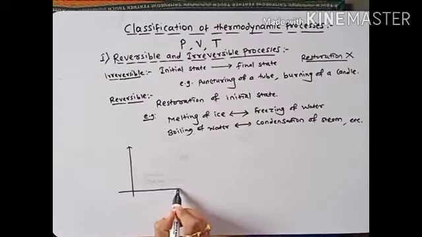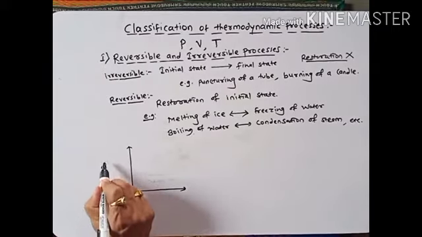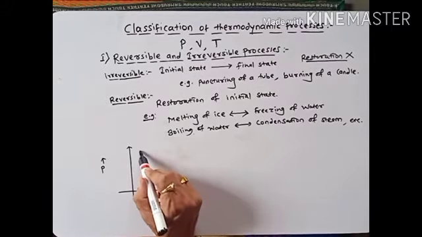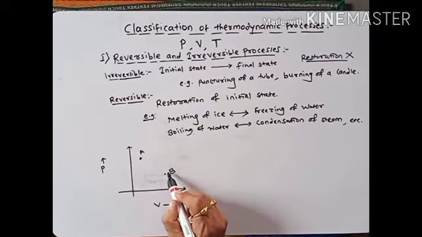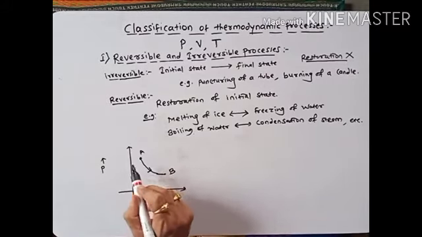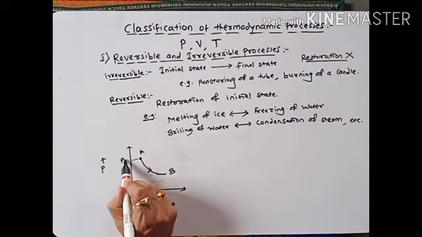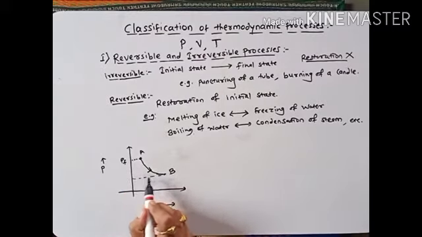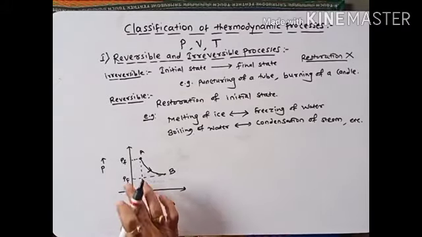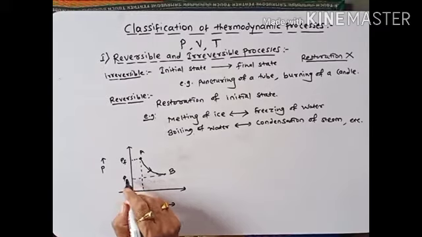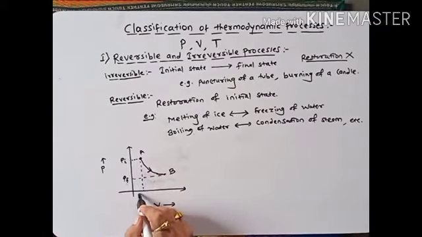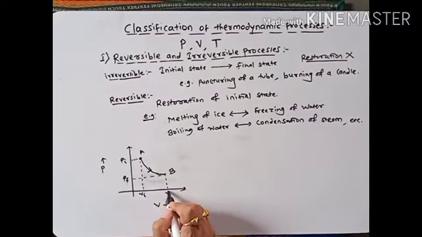Suppose we consider this is the PV diagram. We consider pressure on y-axis, volume on x-axis, and suppose A is the initial state and B is the final state, and suppose this is the curve. This is Pi, this is Pf, this is Vi, and this is Vf.